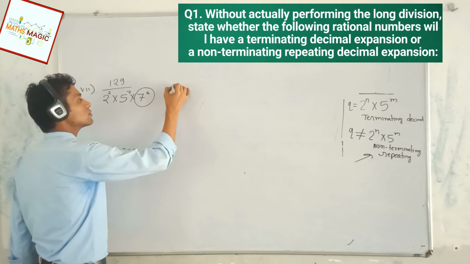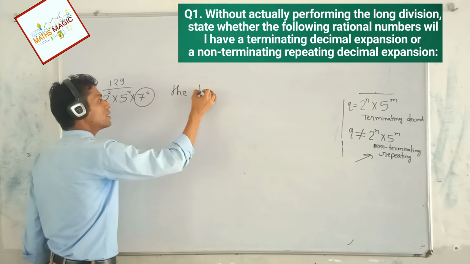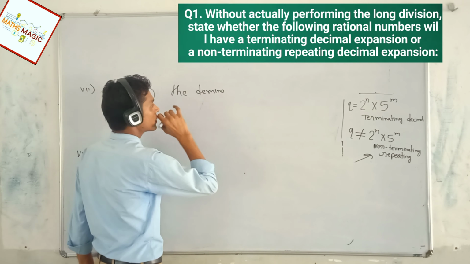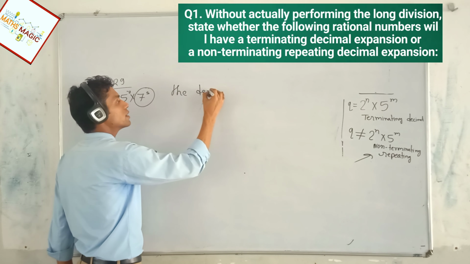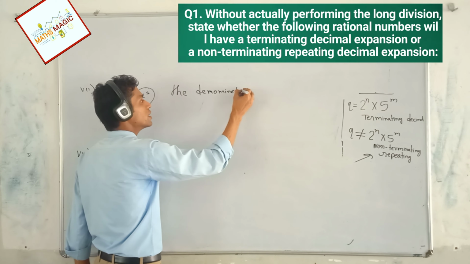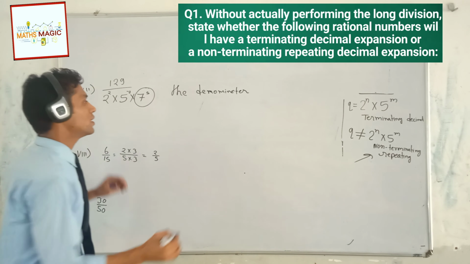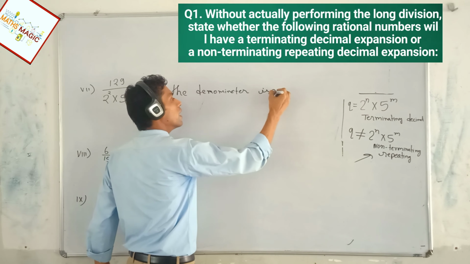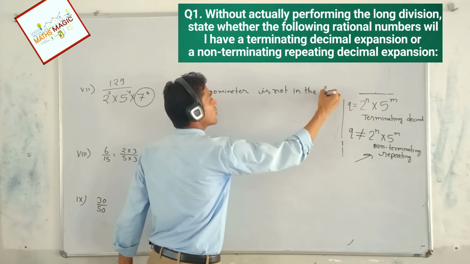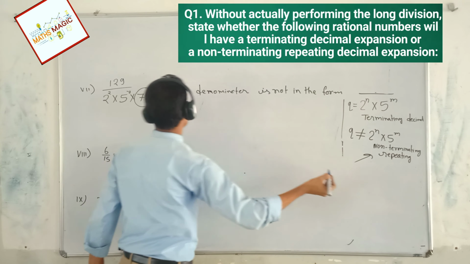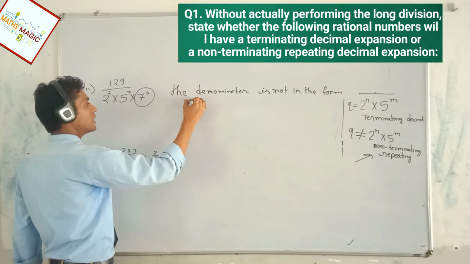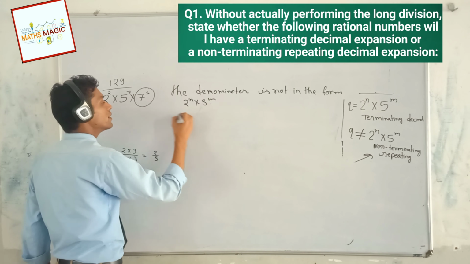So the denominator is not in the form 2^n 5^m.